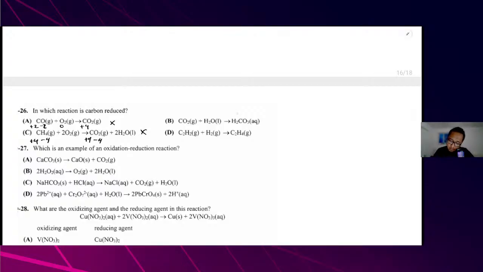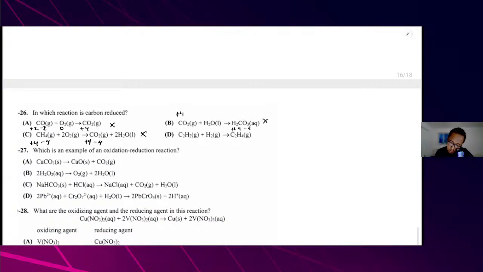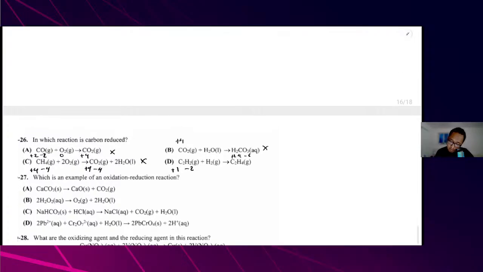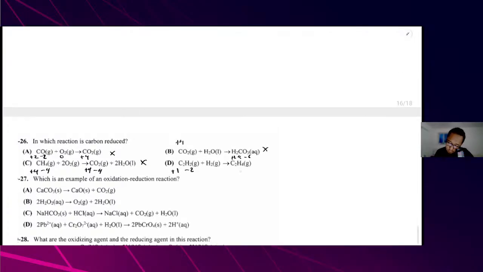And then this one, +4 and then -6, +2 is 4. Nope. How about the last one? -2, +1, -4, +4.